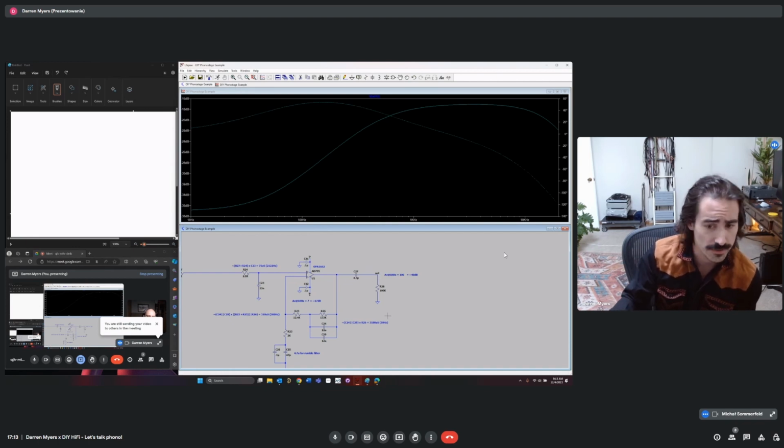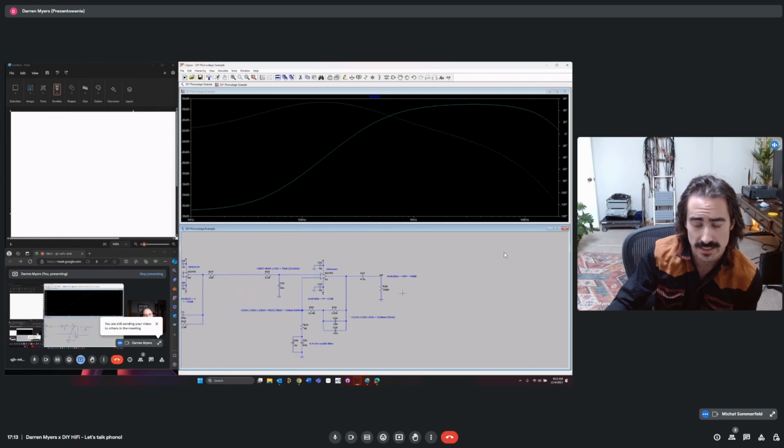And I don't want to get too far into that. That is a more advanced technique. There's probably plenty of people watching who are familiar with doing that, and you're free to add a DC servo with this design, and it will work.